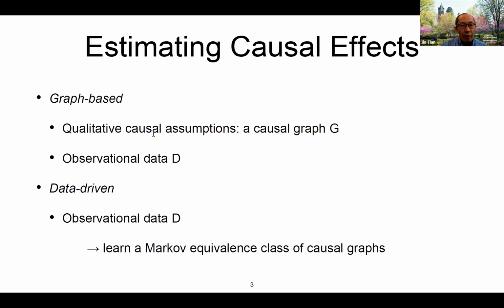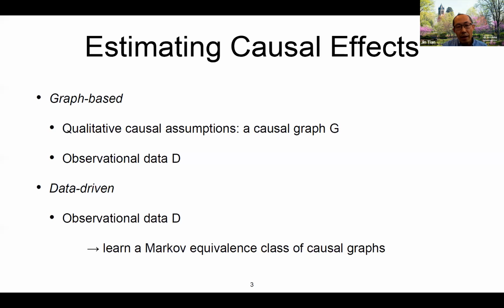In this talk, I will be talking about two scenarios. The first one, in addition to observational data, I will assume we have some qualitative causal assumptions in the form of a causal graph. And I will call this scenario a graph-based approach. In the second scenario, we're just going to assume we only have observational data.